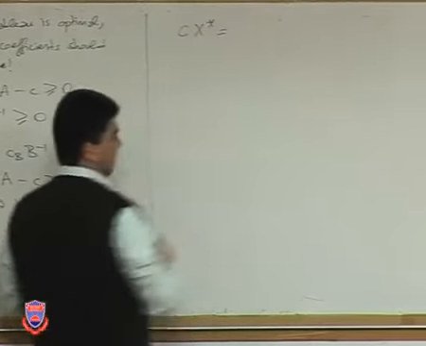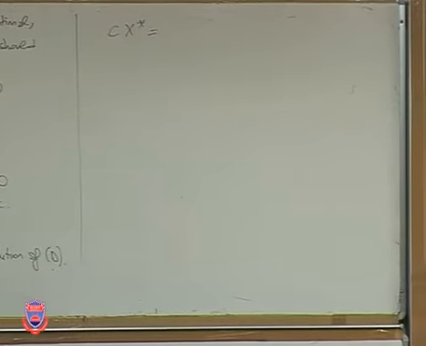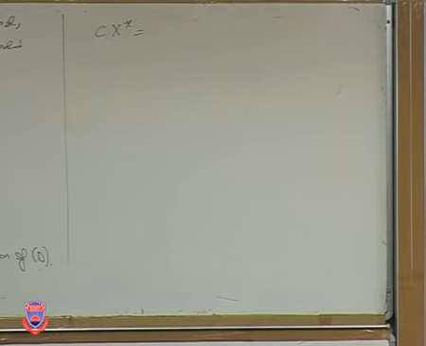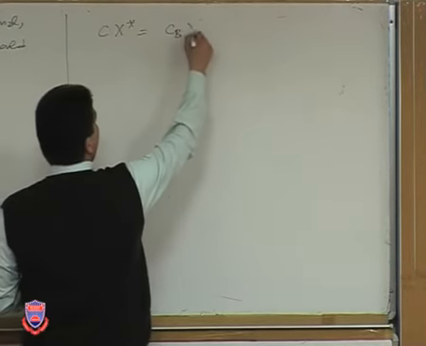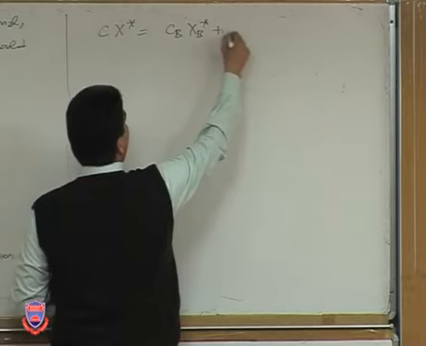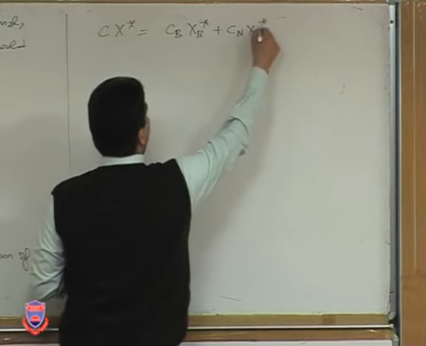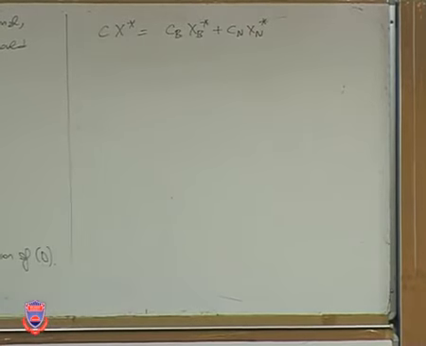That's equal to C times X star. But I can write this in terms of basic and non-basic variables: CB times XB star plus Cn times Xn star, right? So if I separate into basic and non-basic components, this is what we have.